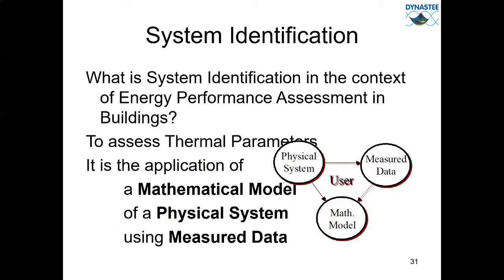We state that it is the application of a mathematical model representing a physical system using measured data, in which the user plays an important role to assess physical parameters from a set of mathematical equations. So we have put there graphically the user in between the whole situation.